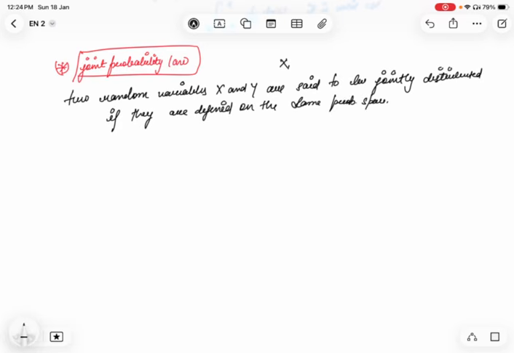Both are jointly distributed only if they are defined on the same probability space. If they are not defined on the same probability space, then it is not the joint probability law.